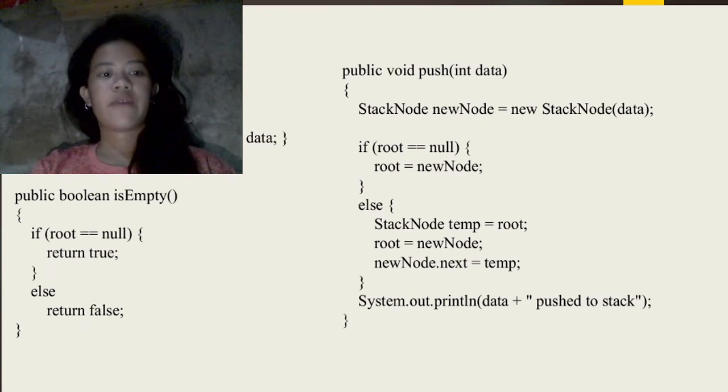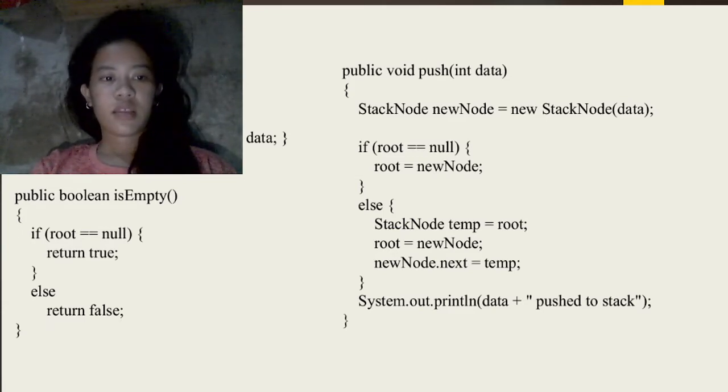Next we have StackNode root. This one is another term for top. And then next is the static class StackNode, which is accessible. It is static under the StackAsLinkedList. And next we have int data.